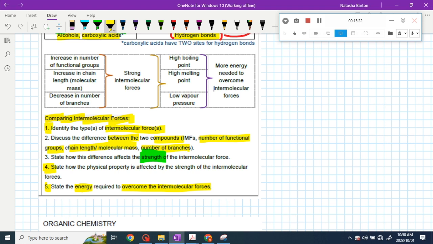So you are then going to say, therefore, this substance requires more energy to overcome its intermolecular forces. You're going to get 1 mark for comparing the strengths of the intermolecular forces, and then you're going to get 1 mark for telling me more energy is needed to overcome the intermolecular forces in this substance compared to that substance. Yes?